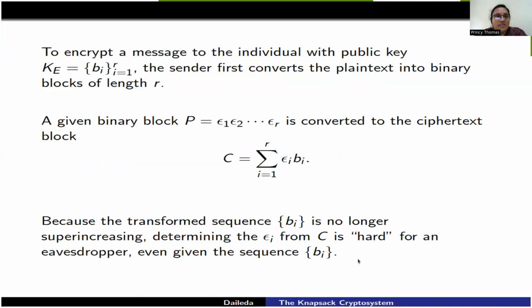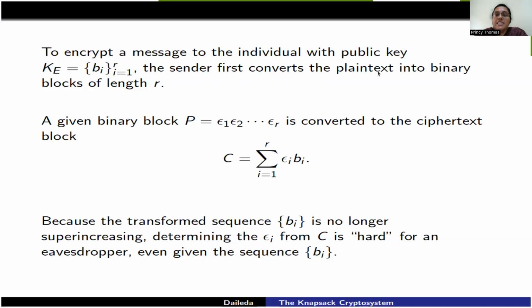Every user does this. Now to encrypt a message to an individual with the public key, the sender first, remember that these are R number of bits. Just like AI has got R number of bits, BI also has got R number of bits. The sender first converts the plain text into R-bit blocks, because one bit can be used only with one bit.